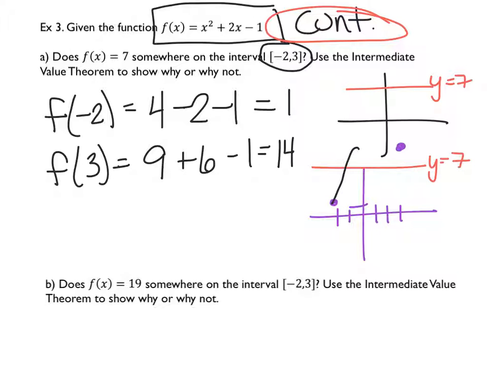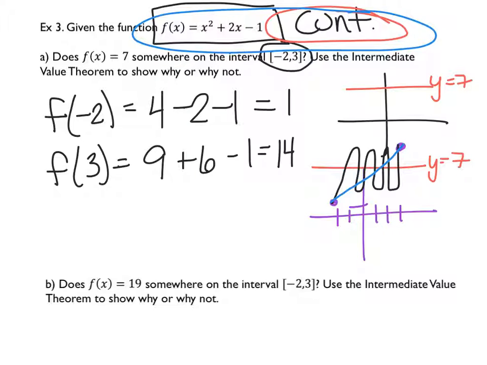Could you do it more than once? Sure, you could cross a bunch of times. Could you just do it once? Absolutely. I could make a line like this. The point is that because there's a number below 7 and a number above 7, and this function was continuous, yes, I have proven that you have to have a y value of 7.